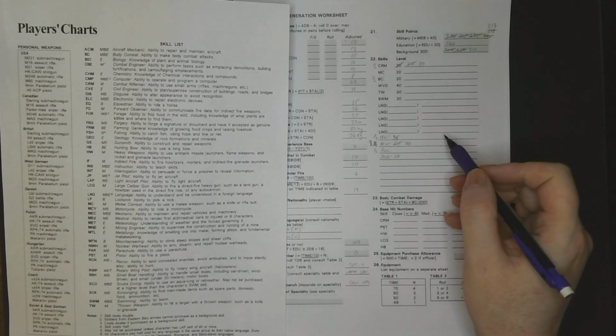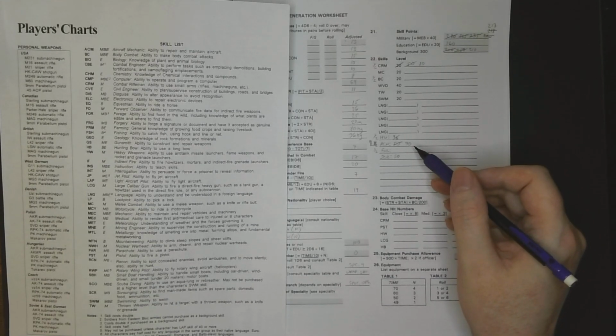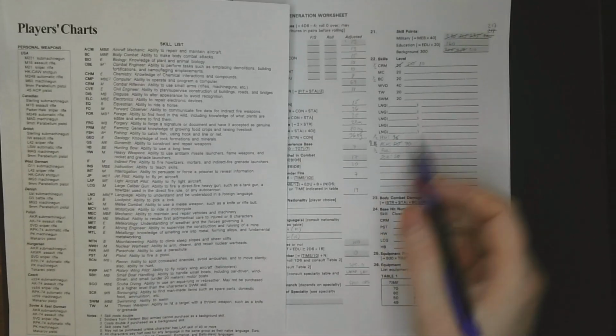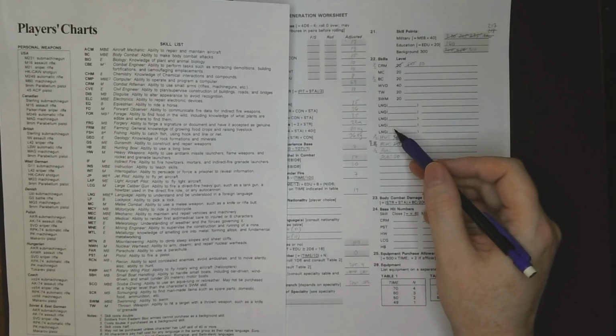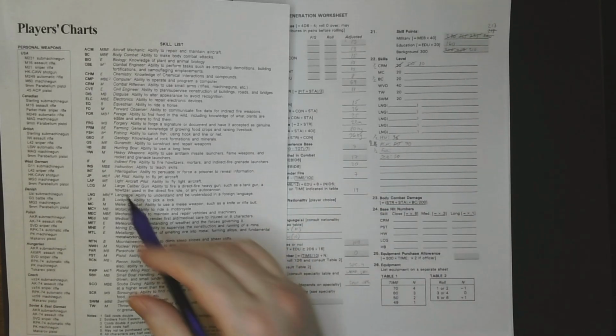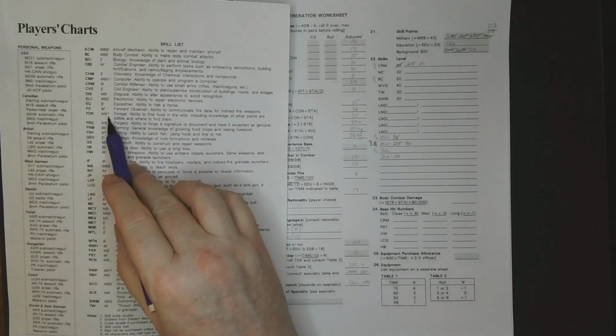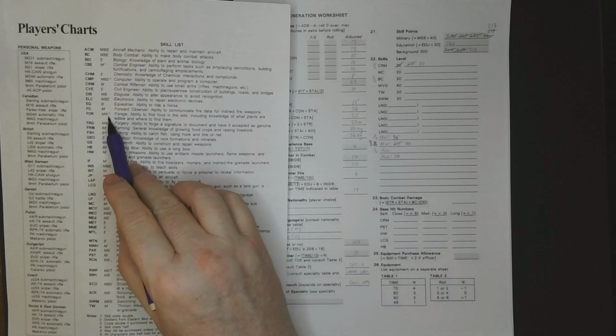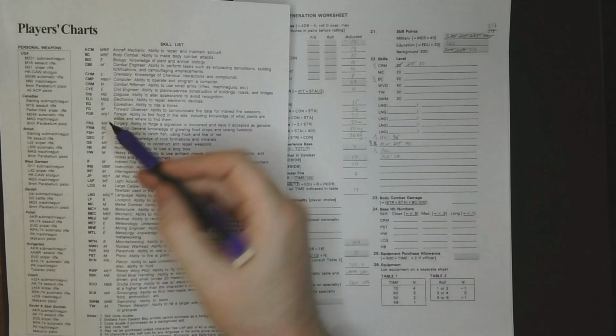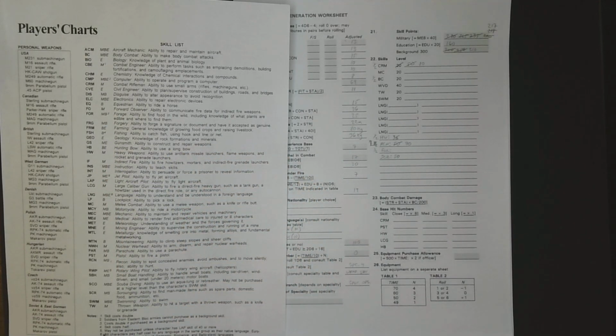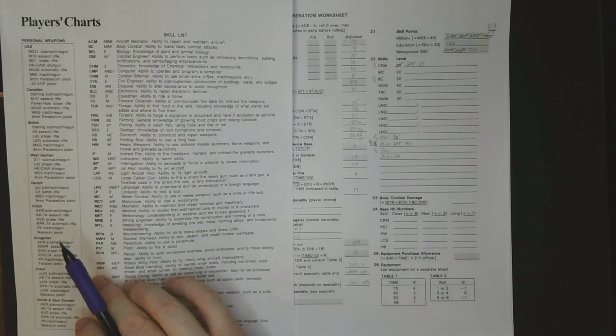Okay, so what else takes military? Well, let's just keep going here. Foraging. That takes military or background. But as you can see, there's a 3. Check our notes. That skill costs double if purchased as a background skill.